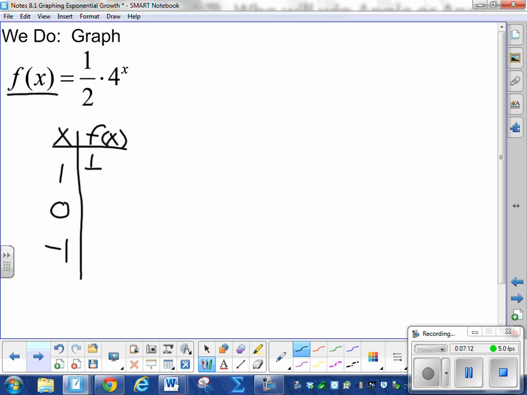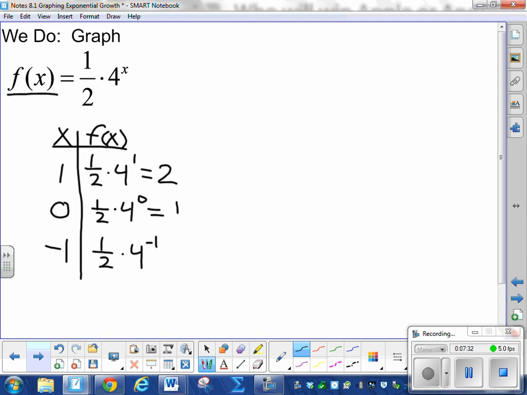So it's going to be 1/2 times 4 to the first power, 1/2 times 4 to the 0 power, and 1/2 times 4 to the negative first power. 4 to the first power is 4. Take half of 4, you get 2. 4 to the 0 power is 1.